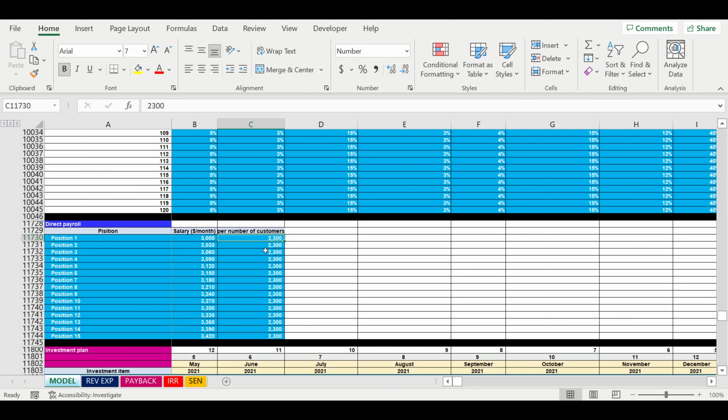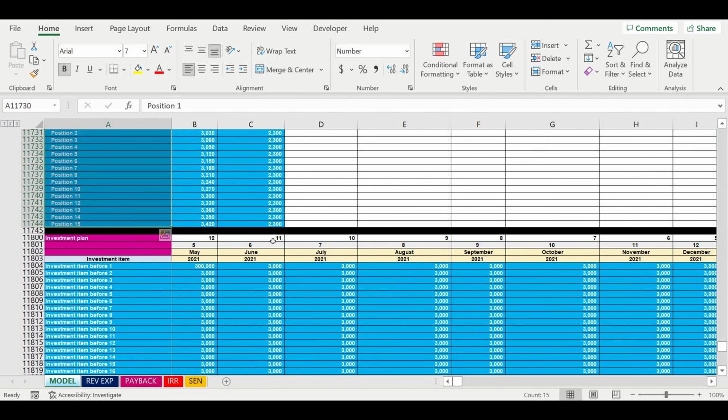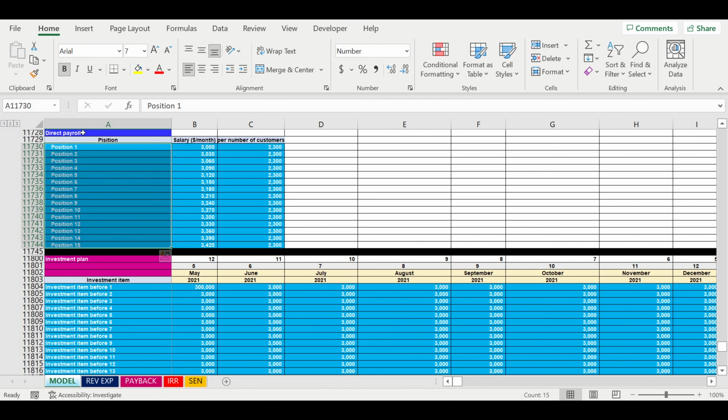So this means that we need one person on this position per 2300 customers. So we can specify this value, and Microsoft Excel will automatically calculate how many people we need on each position to cope with all our customers, and we will calculate the dynamic direct payroll depending on how many customers we have at this or that moment inside the timeline of our project.